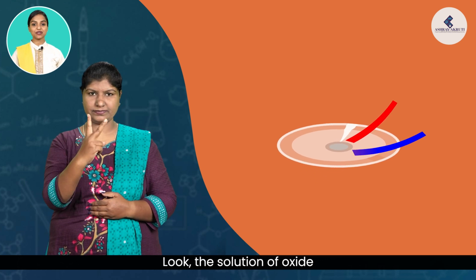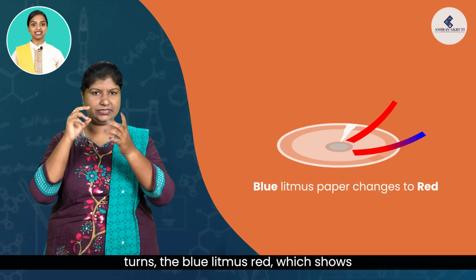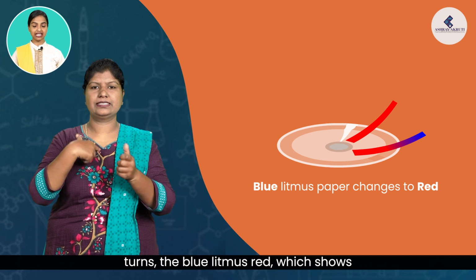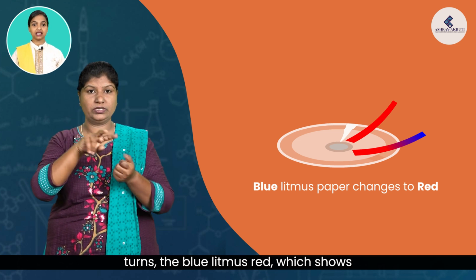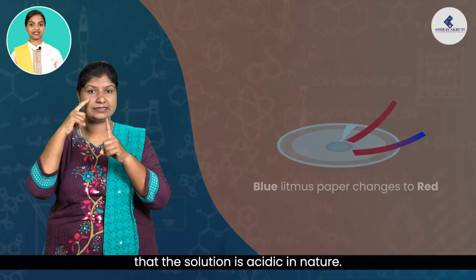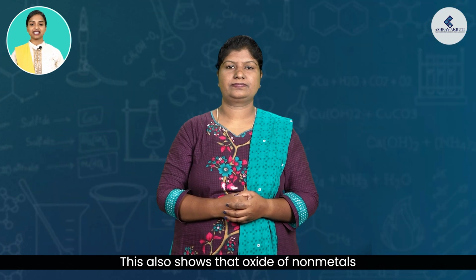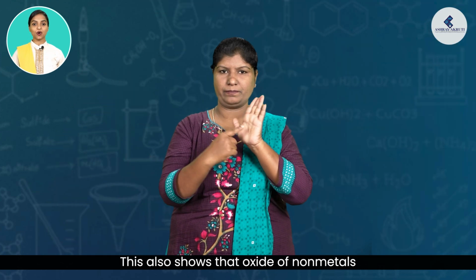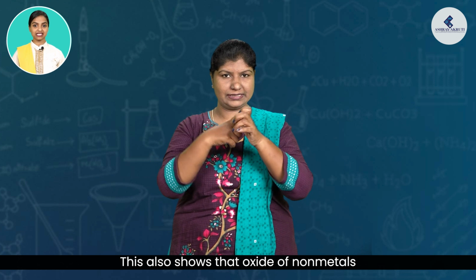Look, the solution of oxide turns the blue litmus red, which shows that the solution is acidic in nature. This also shows that oxide of non-metals is acidic in nature.